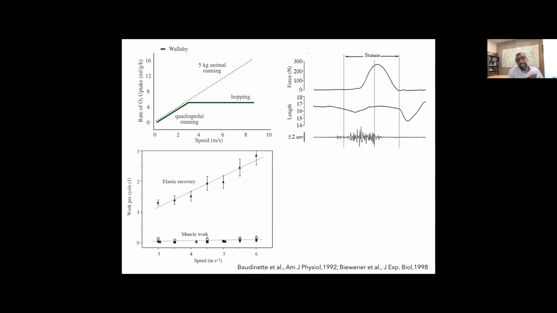That is metabolically inexpensive. It's largely free, right? Rather than the work that muscles are doing. So this flat pattern of muscle work across that speed range really helped explain the speed independence of metabolic expenditure.